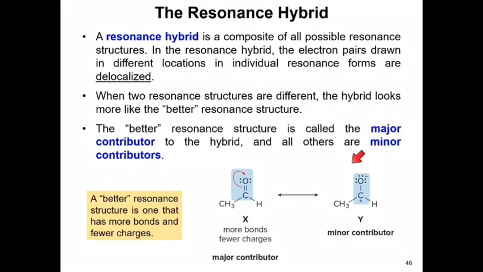The structure on the right is the minor contributor because it has less number of bonds, because it only has 3, and more charges. You have a negative charge on the oxygen and a positive charge on the carbon. So that means that the resonance hybrid structure looks more like the major contributor, which is shown here.